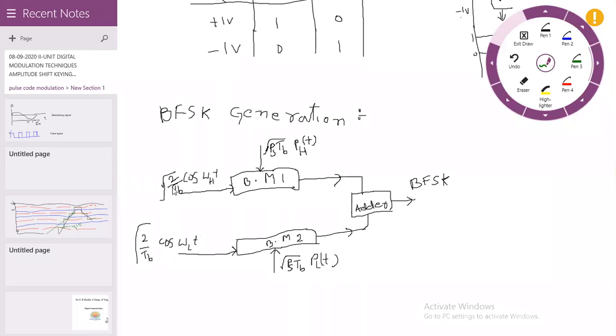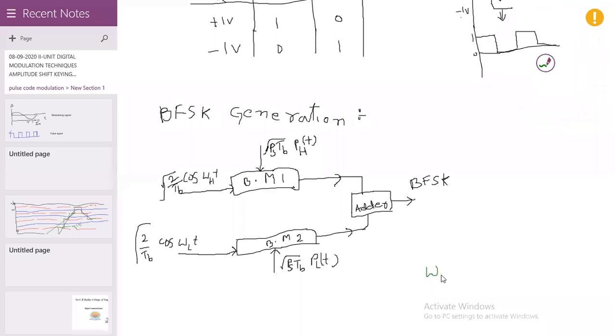Here the input is a carrier root of 2 by TB cos omega_H t, where omega_H we initially design as omega naught, the actual carrier, plus some small amount of frequency.